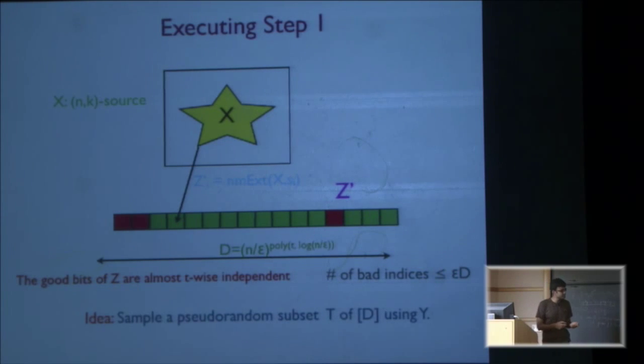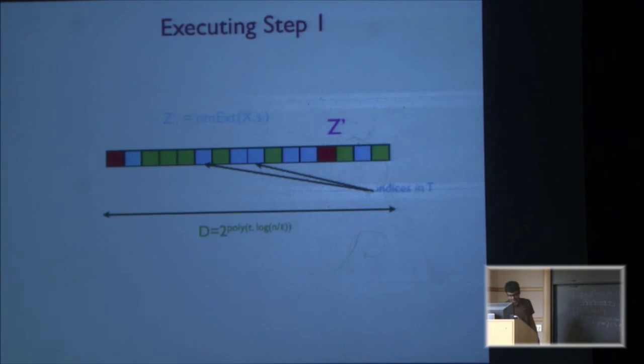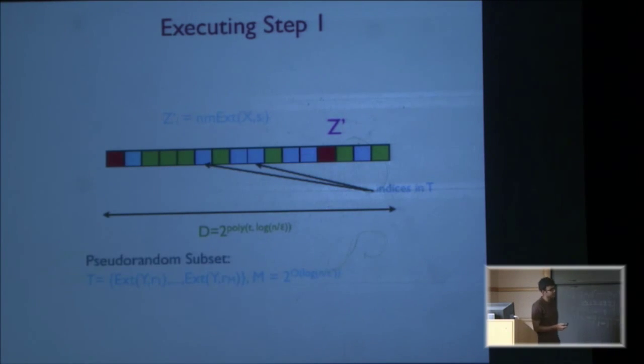So using the second source y, we project this large string z prime onto some coordinates which are polynomial in n, but not as large as n power t. A very well-known way of choosing a pseudorandom subset is using seeded extractors, and this was first used by Zuckerman in '97.